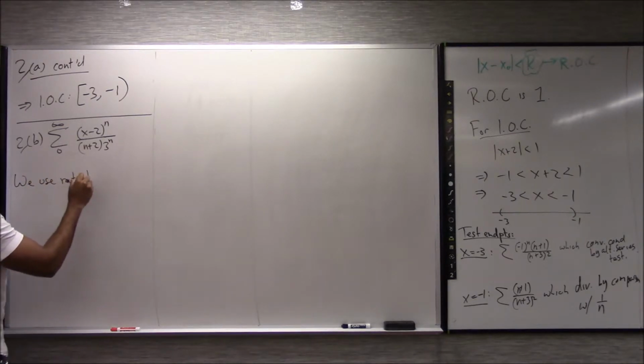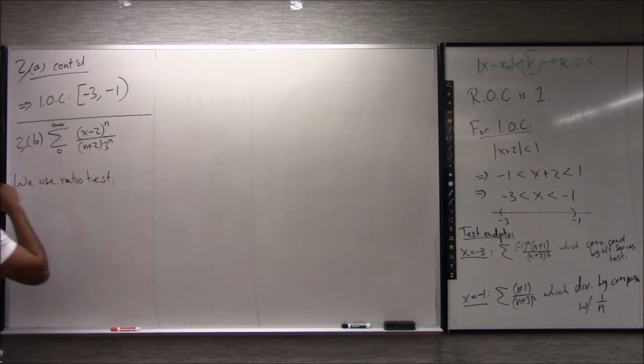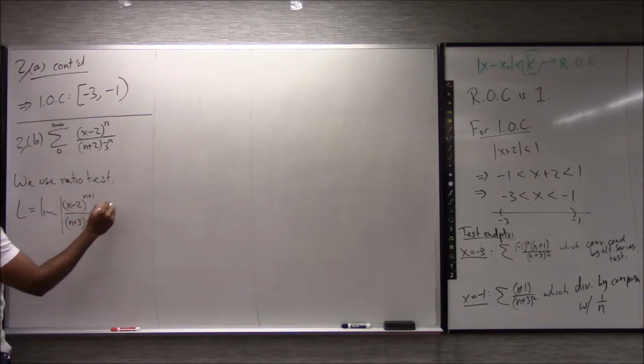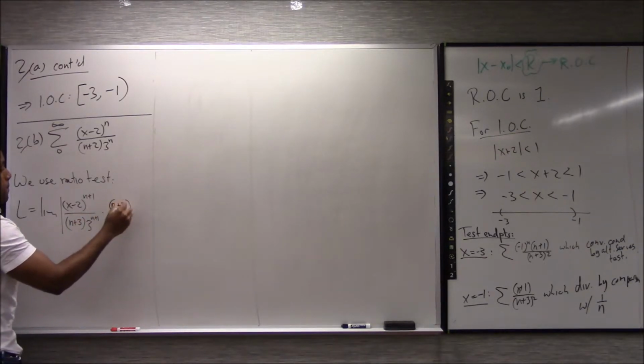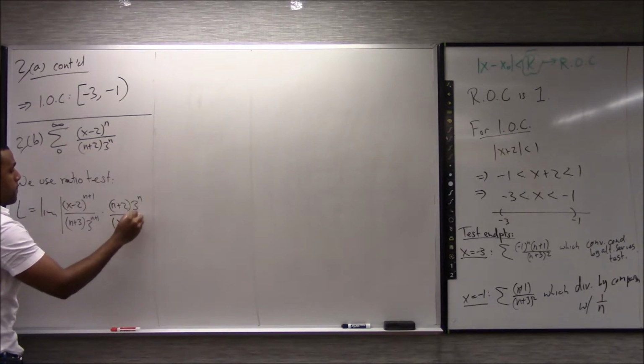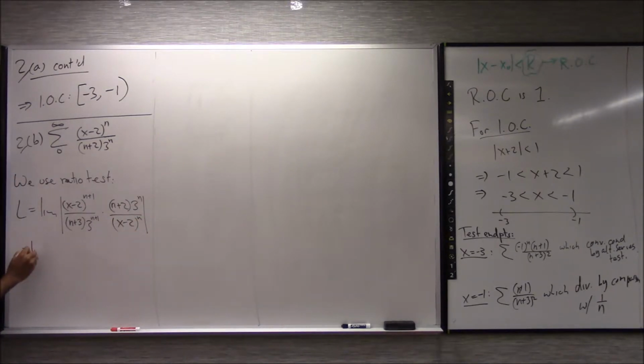Again, use the ratio test, always what we're going to use in this context. So we're going to compute L, which is the limit of, replace all n's with n plus 1s, multiply by the reciprocal, group things together so we can see them easier.